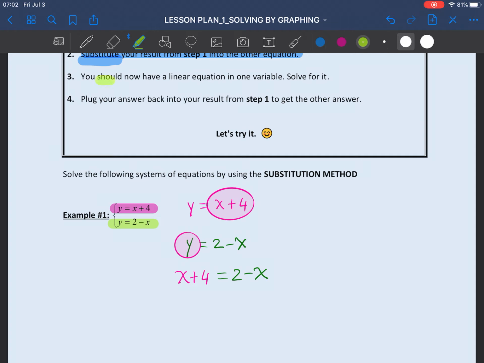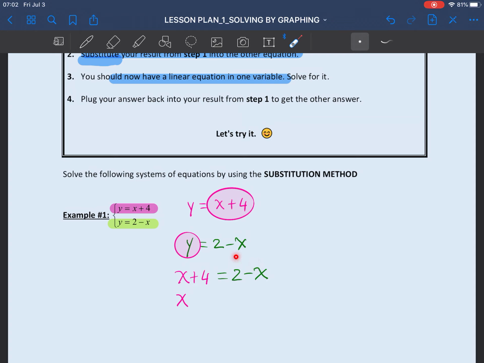So if you look at the next step, it says you have to solve the linear equation that has only one variable, the variable x. And I'm going to group the x terms on one side. So the pink x is already on the left side, so it will stay here.